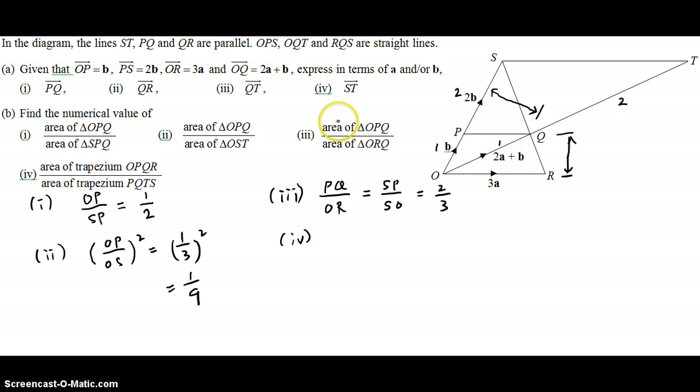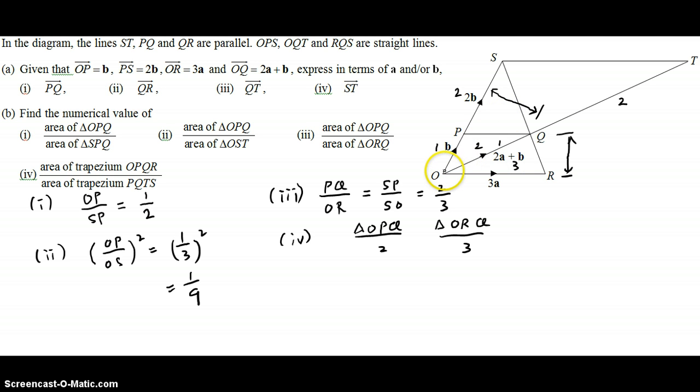Because from part 3 you know that triangle OPQ and triangle ORQ, the ratio is 2:3.